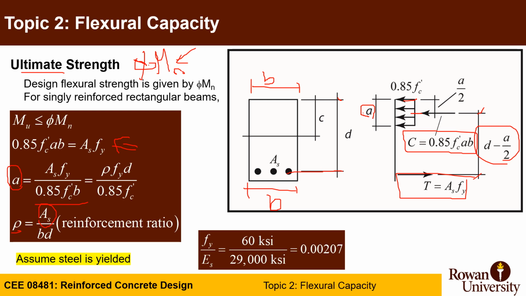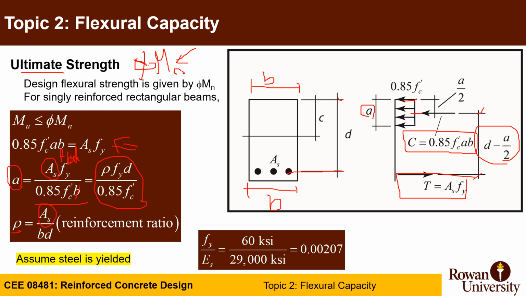If you want to use As in this equation, replace As by rho b d. The b will be cancelled, and you end up with rho fy d divided by 0.85 f'c, another way to get to the a value.